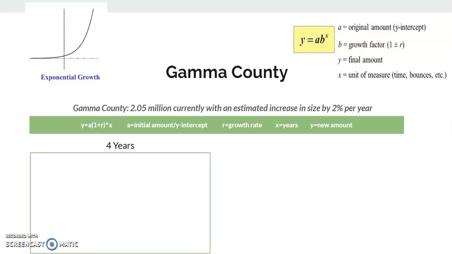All right. Gamma County has 2.05 million currently, with an estimated increase in size by 2% per year. Okay, so we don't just want to plug in this 2% because it's not going to give us the answers that we need. So let's think of that pizza again.